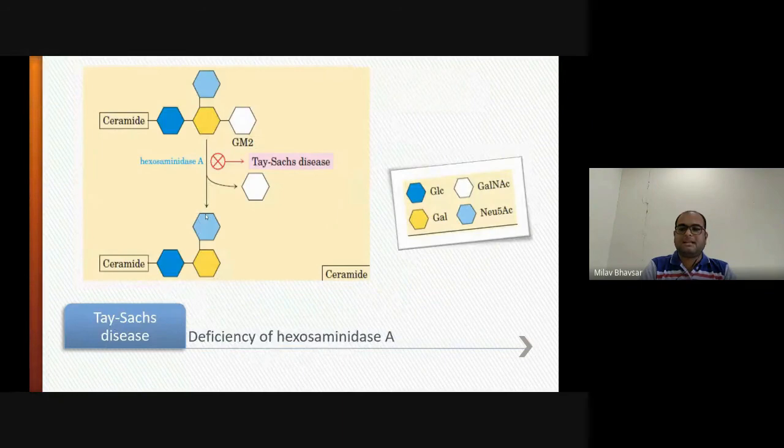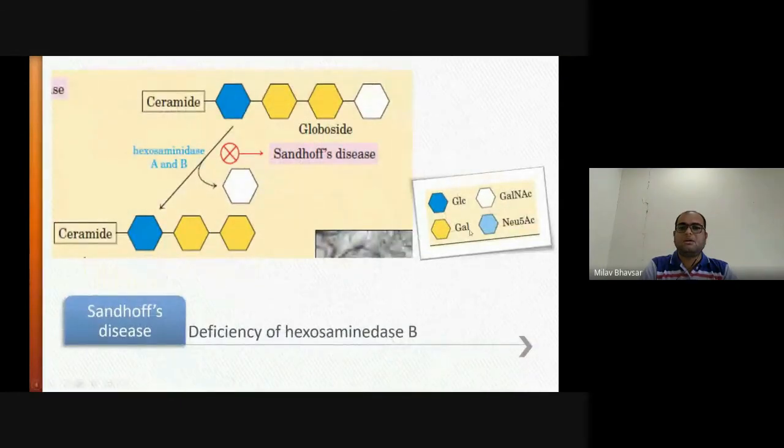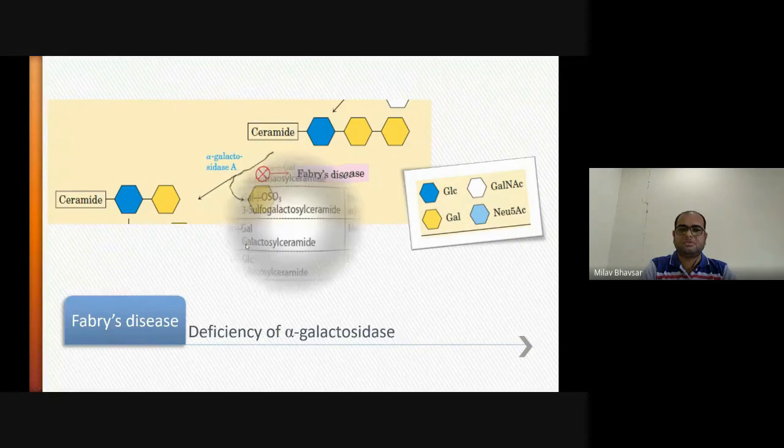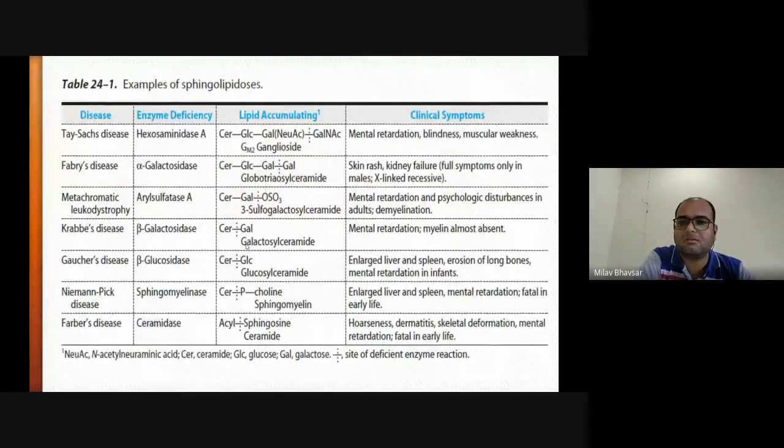Tay-Sachs disease, deficiency of hexosaminidase A. Sandhoff disease, hexosaminidase B. Fabry disease, alpha galactosidase is not there. So this is your final sphingolipidosis condition.